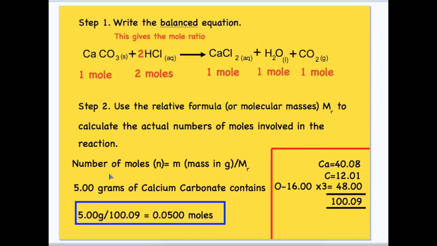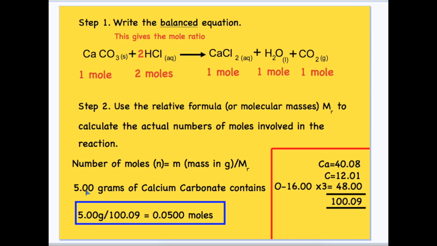Then, using this relationship, the number of moles is equal to the mass in grams divided by this relative formula mass. We calculate that 0.0500 moles of calcium carbonate are present in 5 grams.